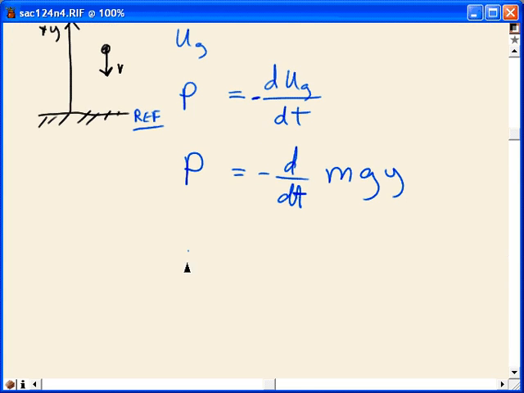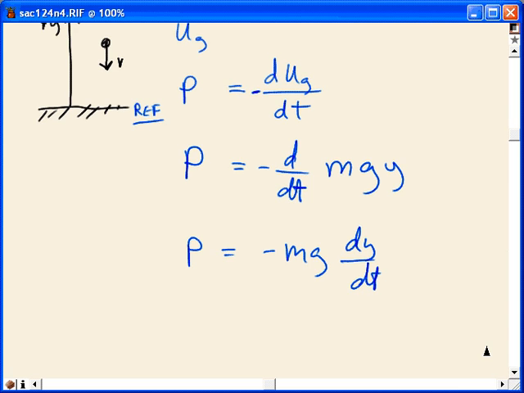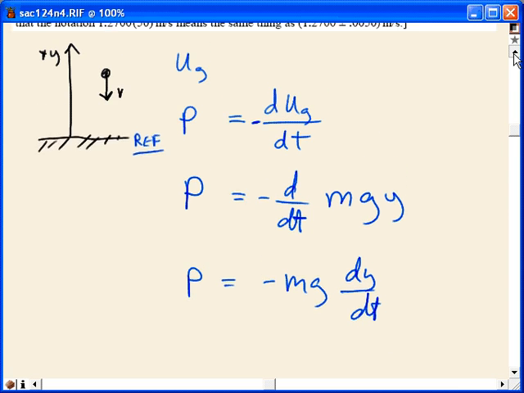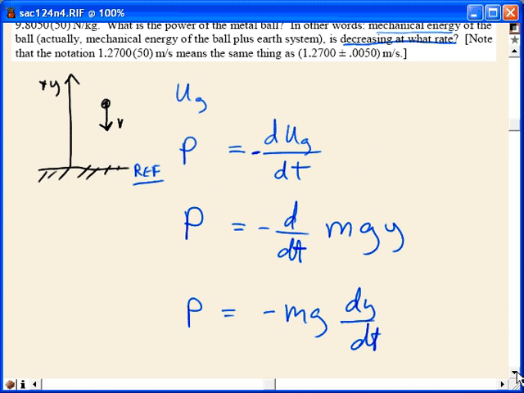So we can write the power as, mg is a constant, so I'll factor that out. That'll just be minus mg times dy by dt. So that's how fast the height is increasing, but that's just the negative of what I've defined to be v.